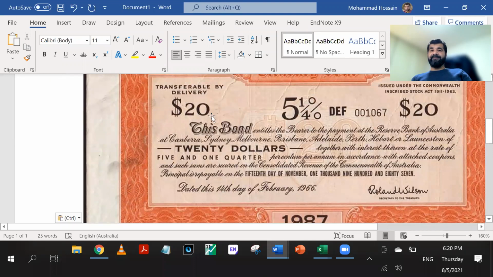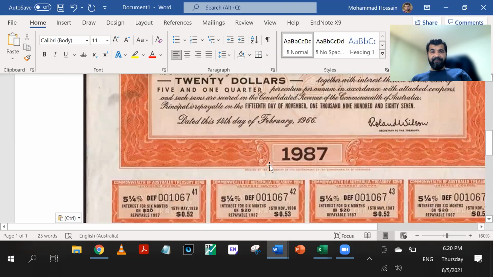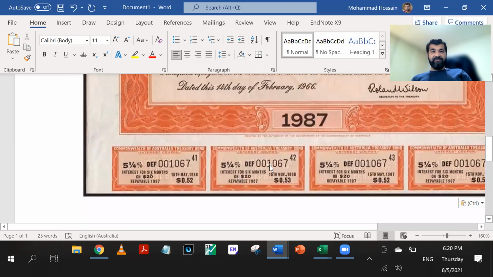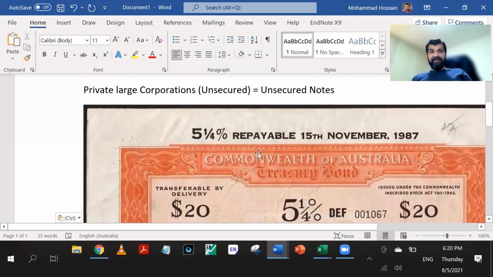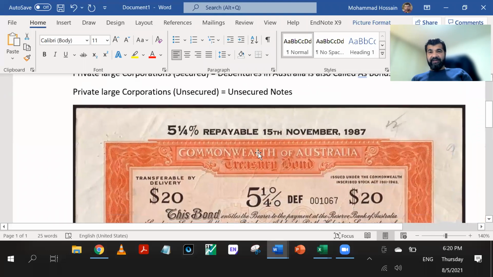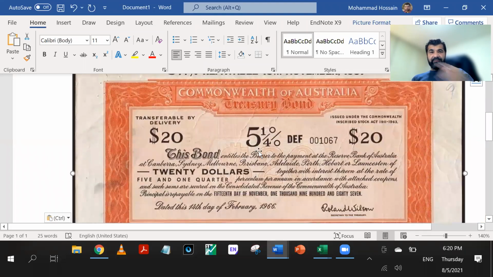So a $20 bond, how many years? Did they mention how many years? Issued under the Commonwealth Municipal Stock Act. Commonwealth of Australia treasury bond. But the question is, for how many years? They did not mention that. Let's say this is a long-term bond, for example. 10 years, 20 years, 50 years, doesn't matter.